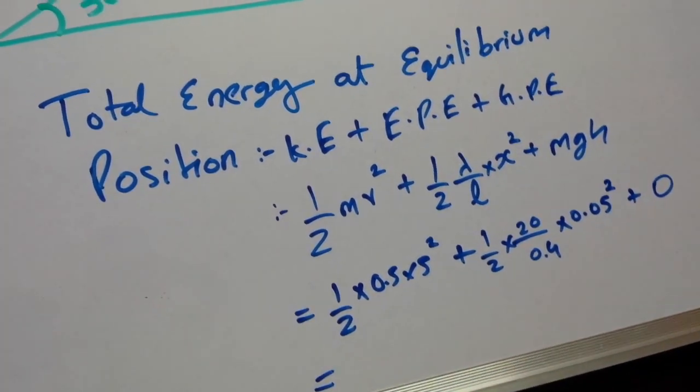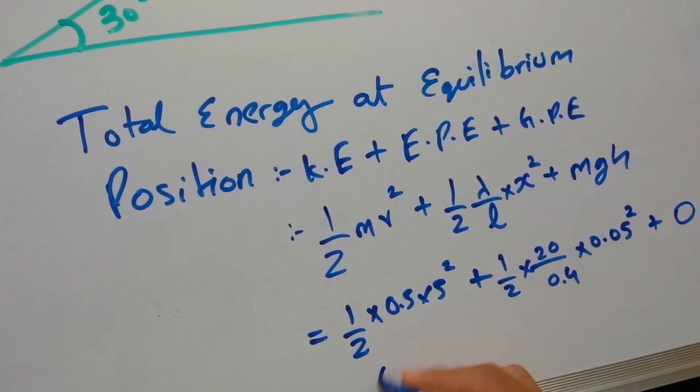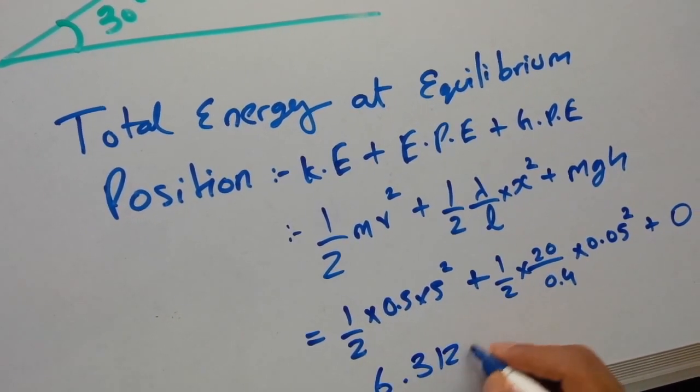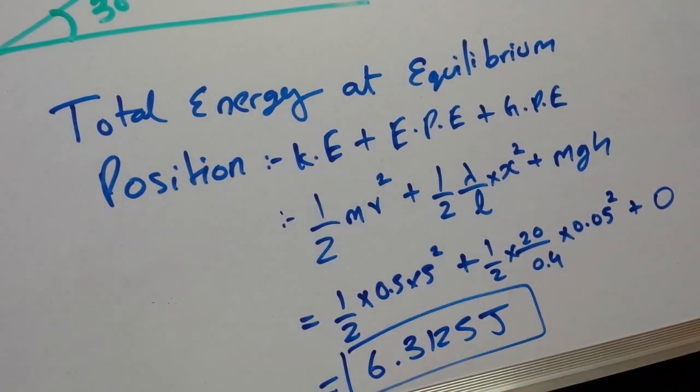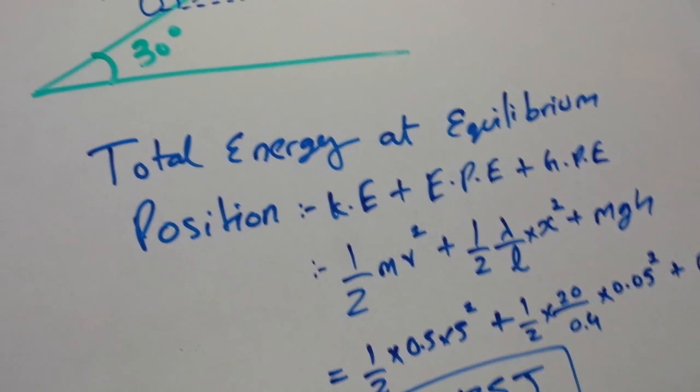Solving this, you should be getting 6.3125 joules. This is the energy at the initial point.